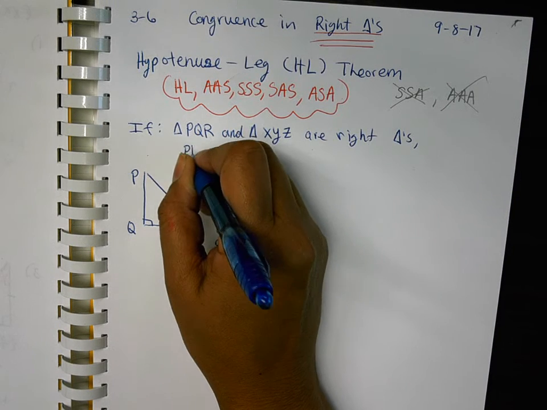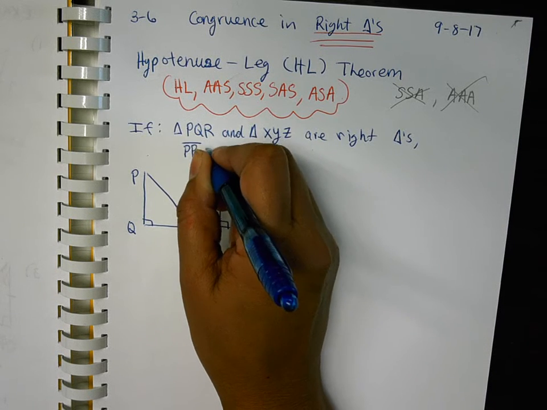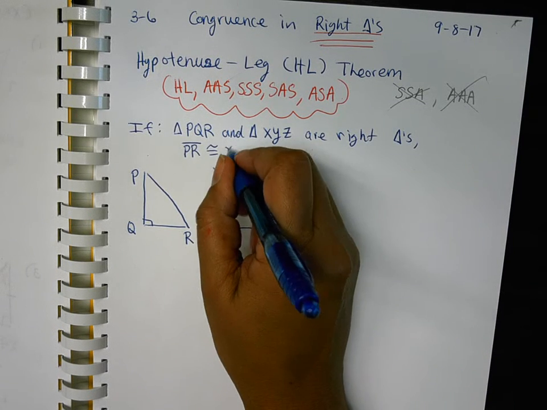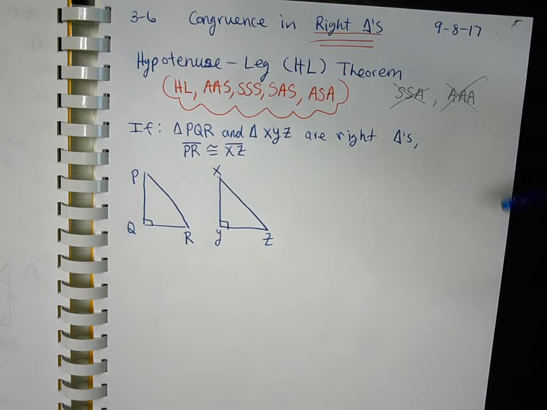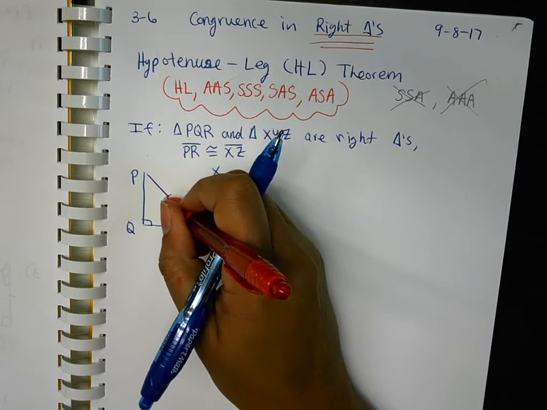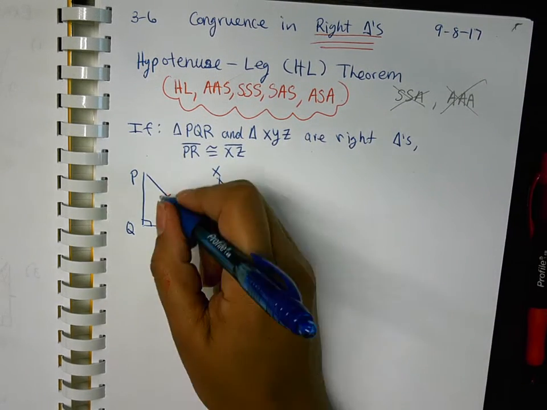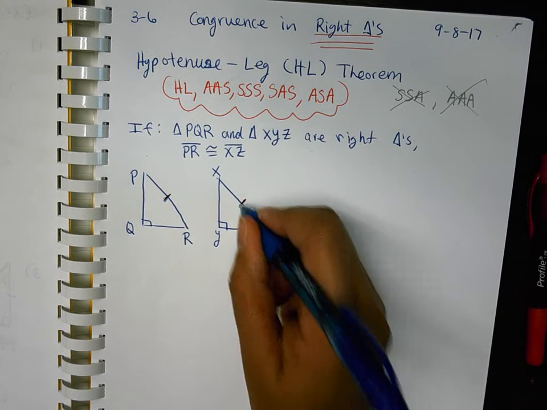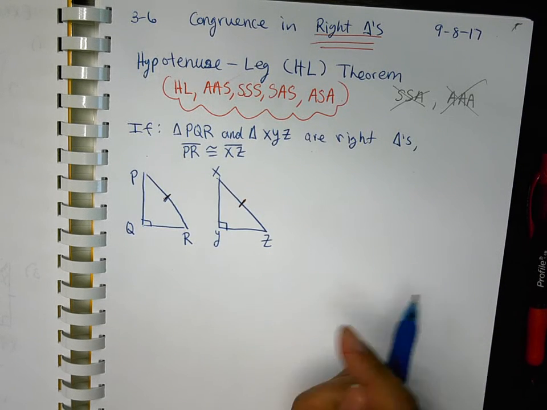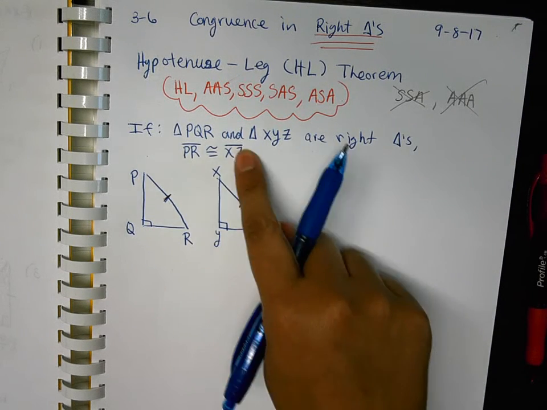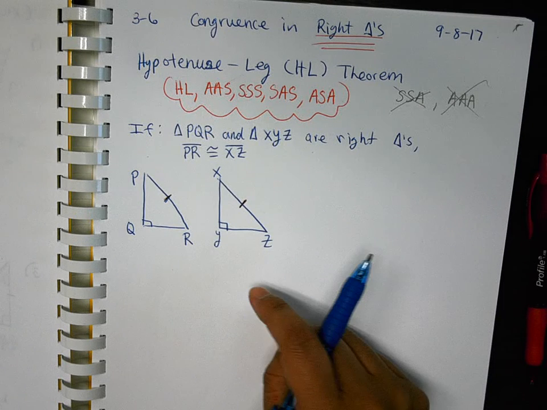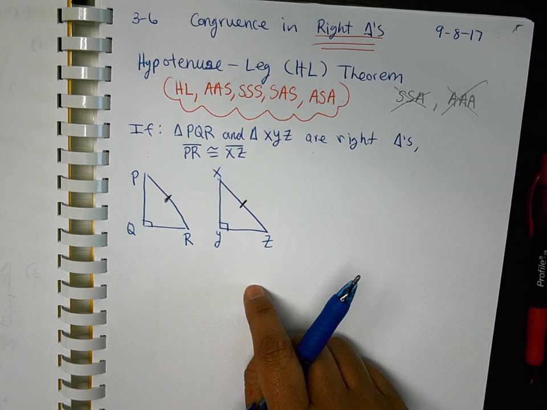and PR is congruent to XZ. Where's PR? PR is congruent to XZ. That has a special name. What is this side of the triangle called? This is called the hypotenuse.